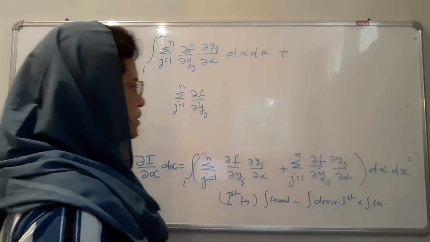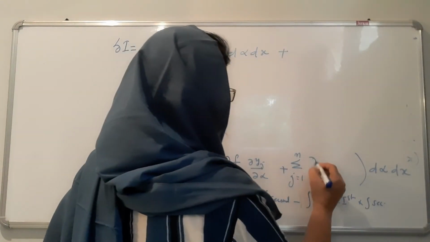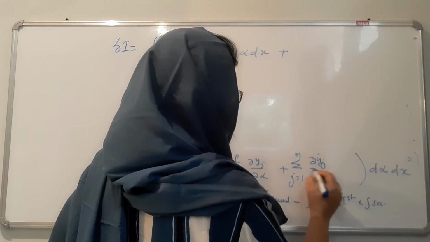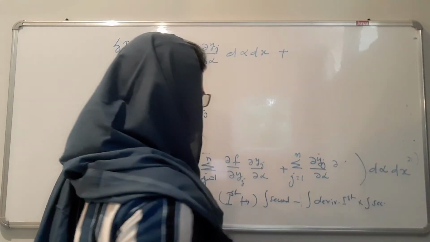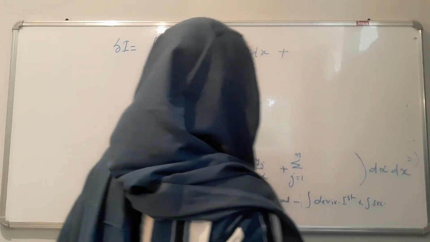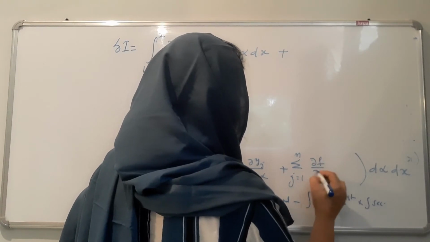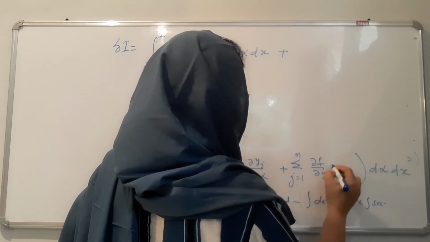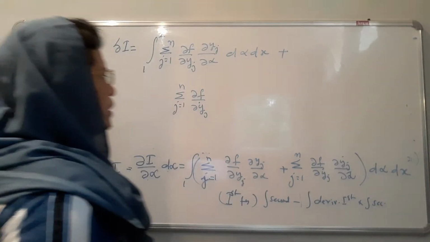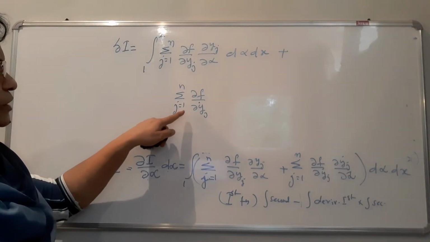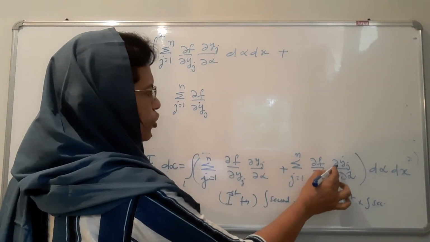We can write this in the reverse order: ∂yj dot divided by ∂α into ∂f/∂yj dot. What is the integral of second?